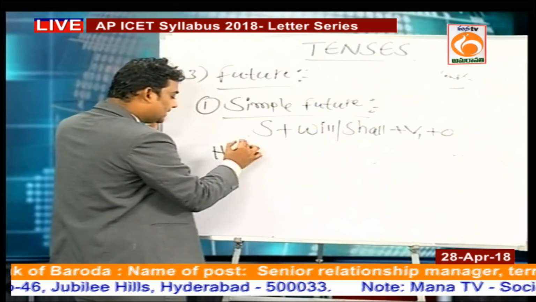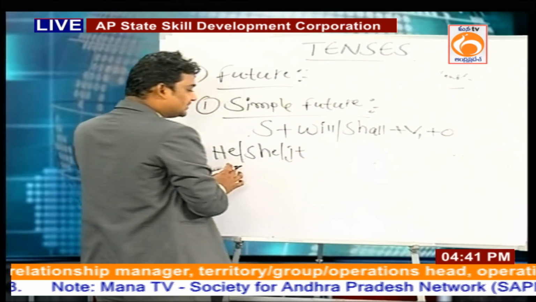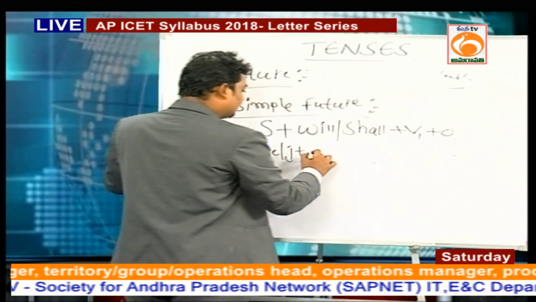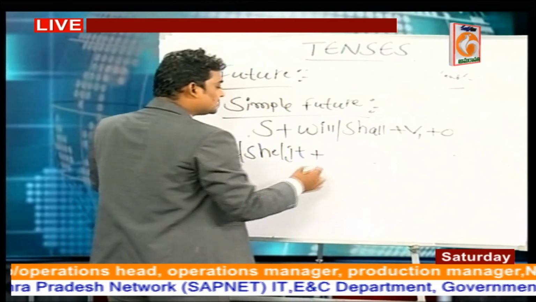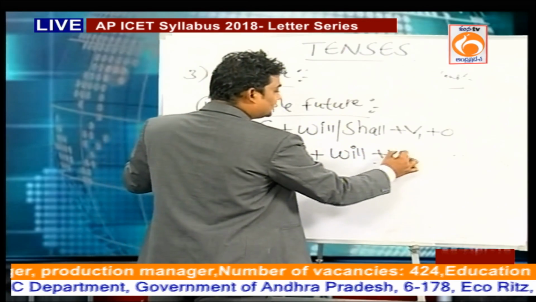He, she, it, these three are third person singular subjects. After them we use the modal helping verb will plus V1.